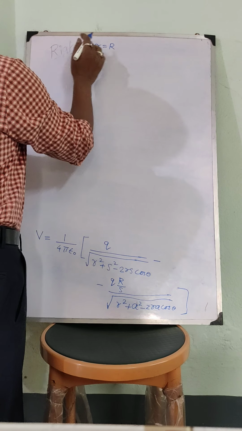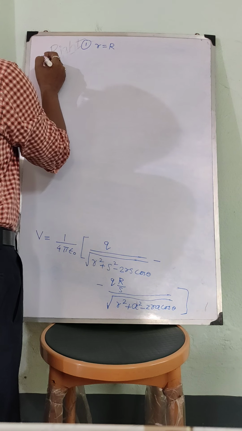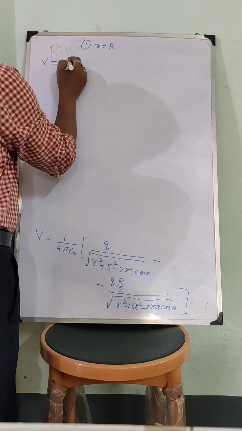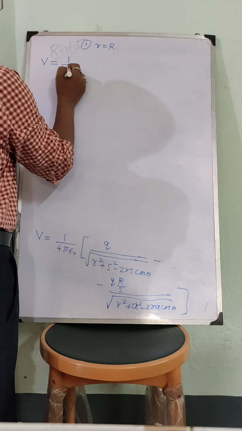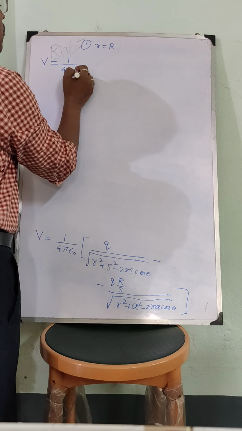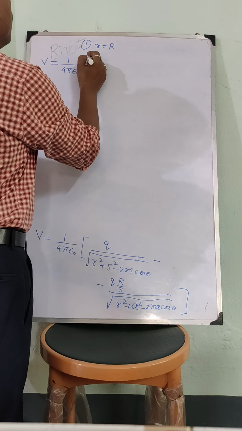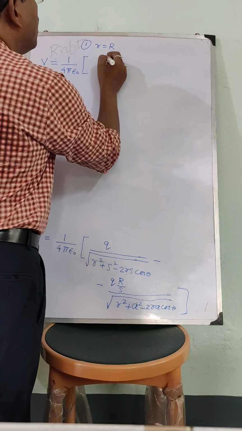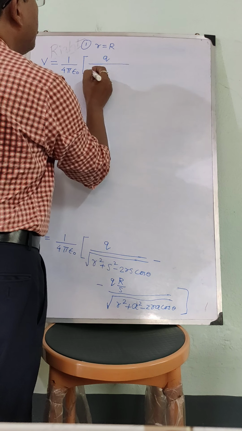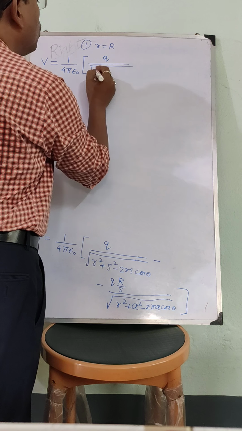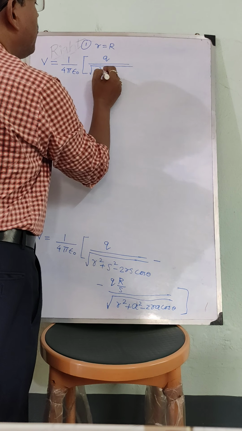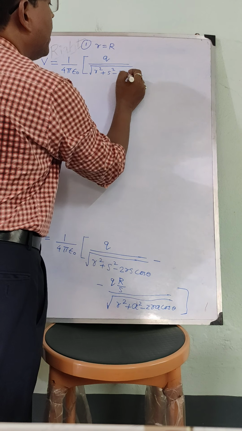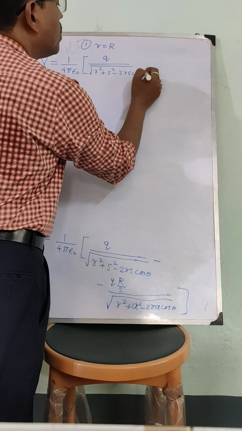So I will see the boundary condition later. So V, let me simplify it more. So 1 by 4 pi epsilon 0, then bracket Q divided by root over r square plus s square minus 2rs cos theta.